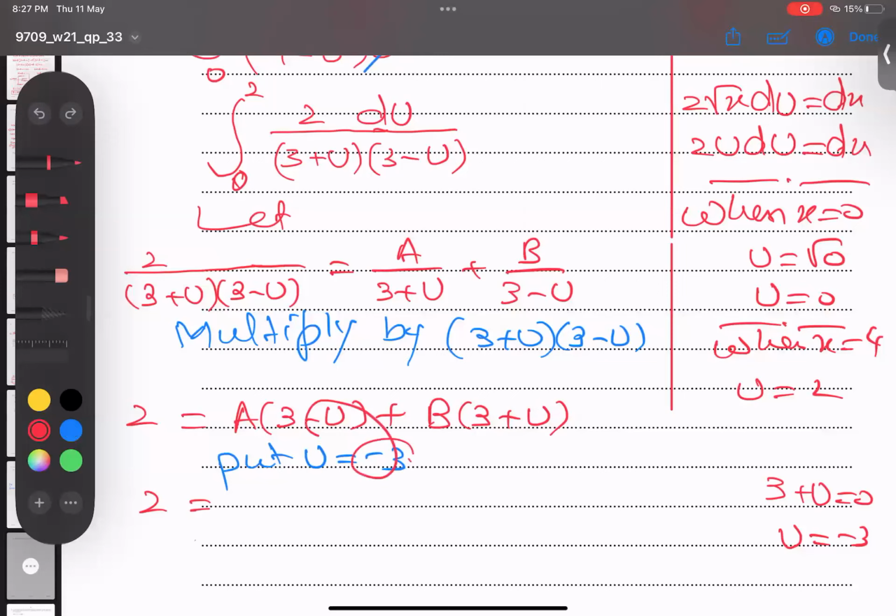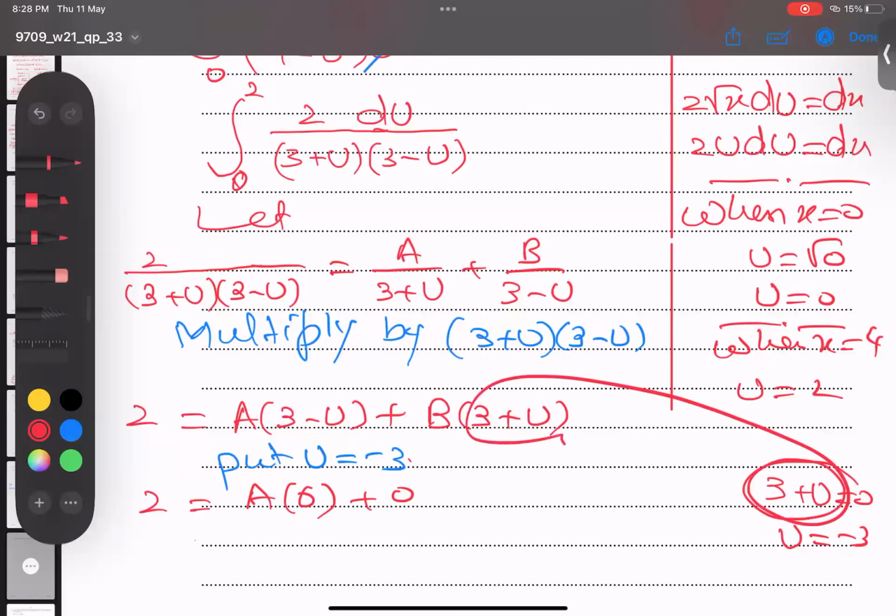So I got a minus plus, and 3 plus 3 becomes 6. So a becomes 6. And this minus 3 plus 3 becomes 0. I hope you got it. Second number, as I'm putting 3 plus u 0, so gone. And this a becomes 6 goes under it, becomes 1 over 3.